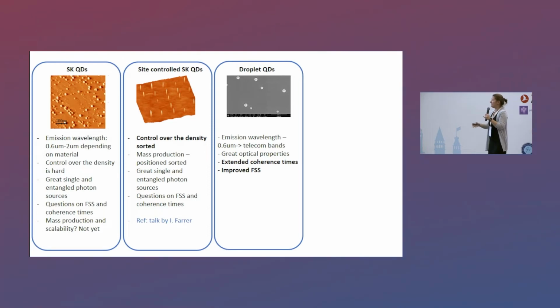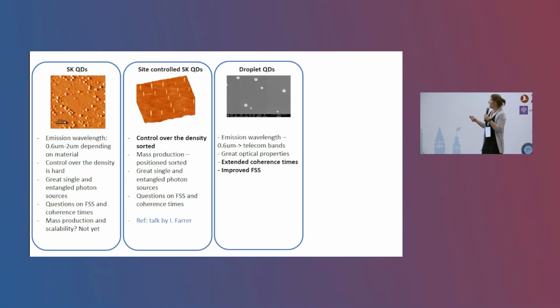I'm not going to tell you right now the details, but the great advance of the droplet quantum dots is the fact that we've shown that they have amazing extended coherence times and very much improved fine structure splitting. They can reach telecom wavelengths easily, which means they are compatible with existing fiber optics infrastructure available literally everywhere.